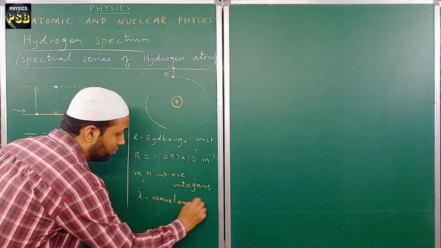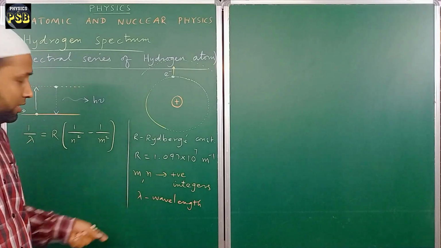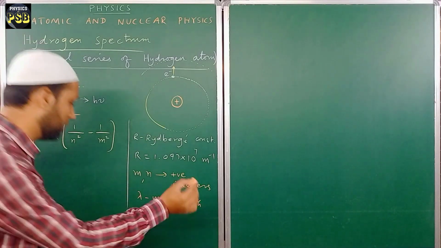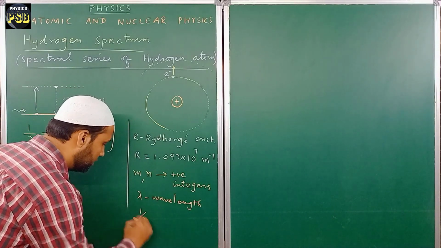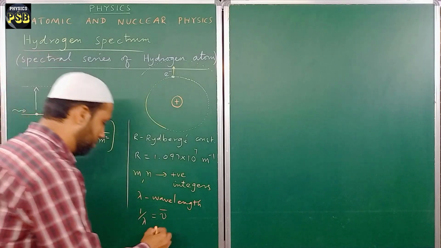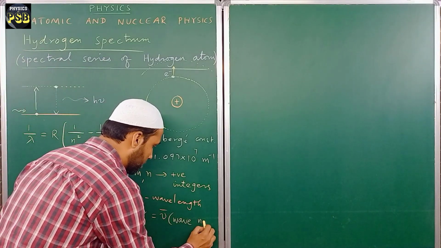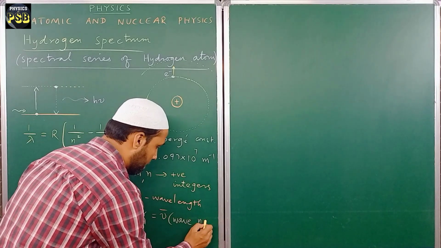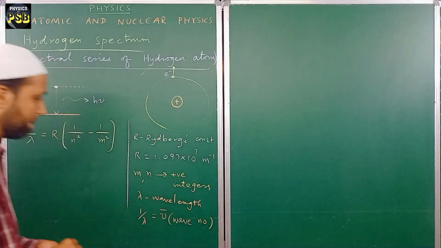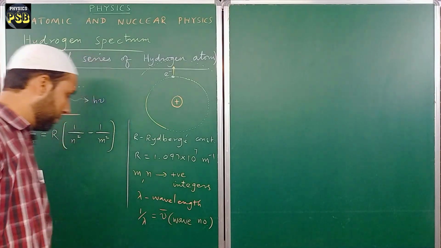And for your kind information, the reciprocal of wavelength gives us the wave number. We take the reciprocal of this, and what you obtain is nothing but the wave number. The number of waves in a given length is the wave number.